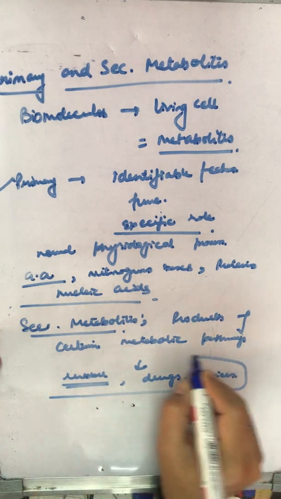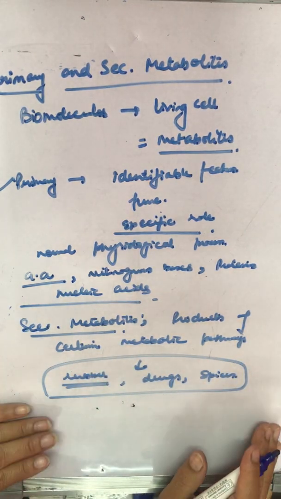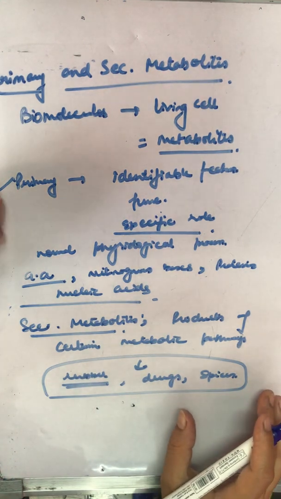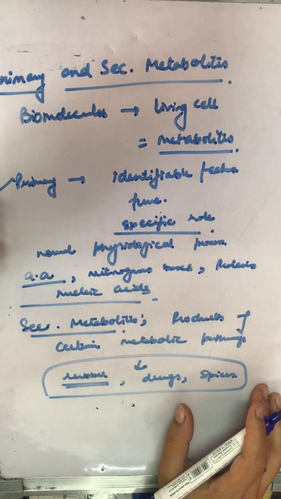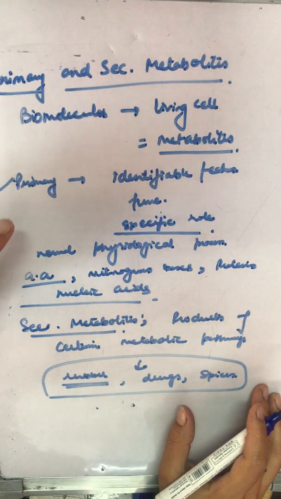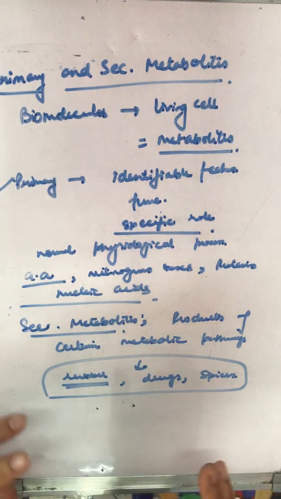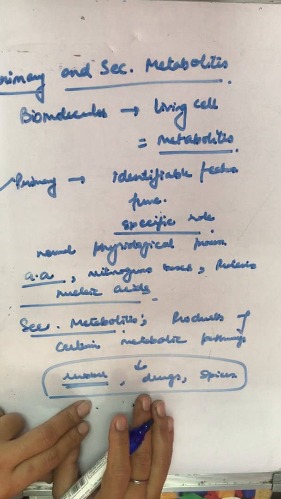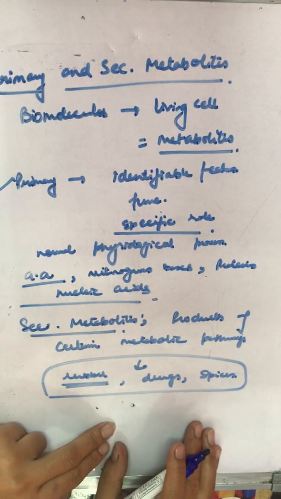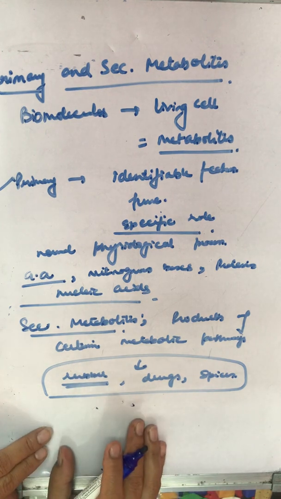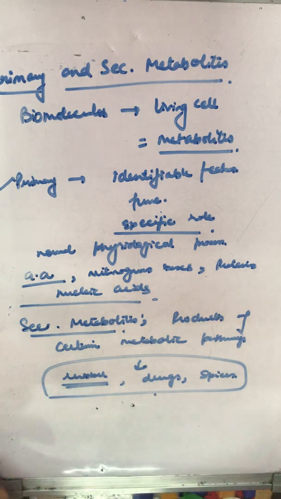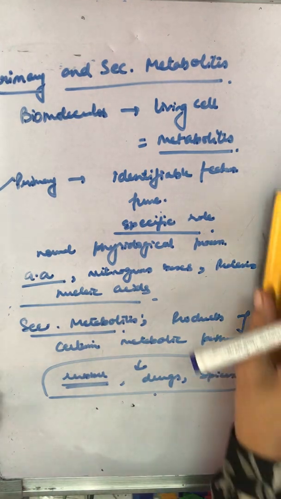We do not know their basic nature, but they are useful to us. When these are specific, we call them primary. When these are converted into different products through different metabolic pathways and made useful to us, we call them secondary metabolites.